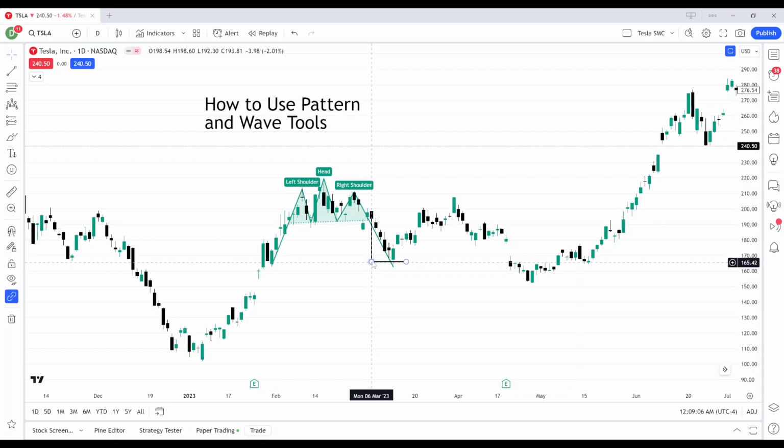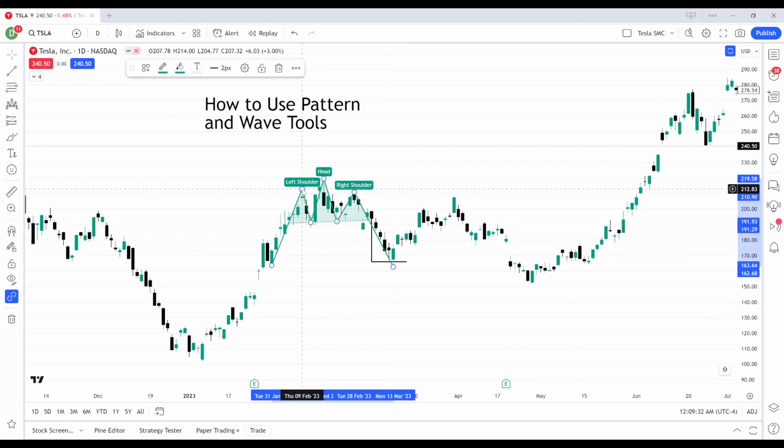You're taking that measurement, placing it down to see where price would likely run. Price ran to it nearly exactly. Okay, that was a great play. From there, you caught a move from 194 down to 165 and some change over the course of 1, 2, 3, 4, and 5 days. Okay, so nice head and shoulders play there.